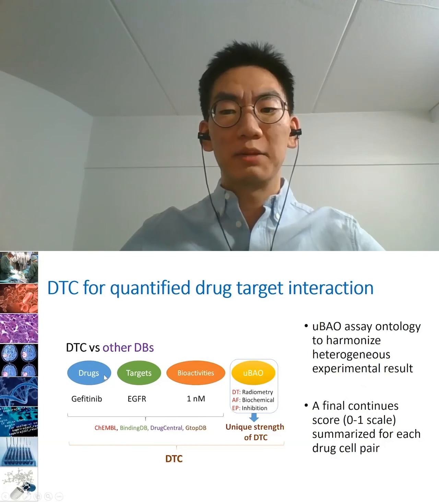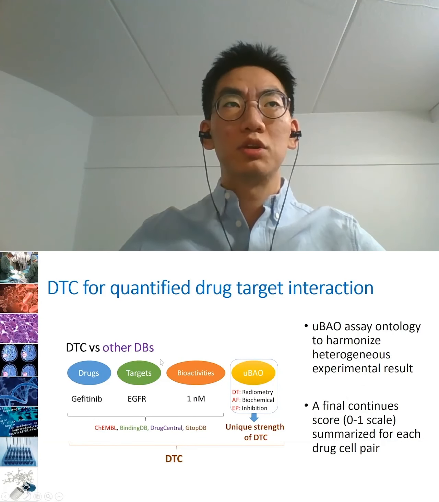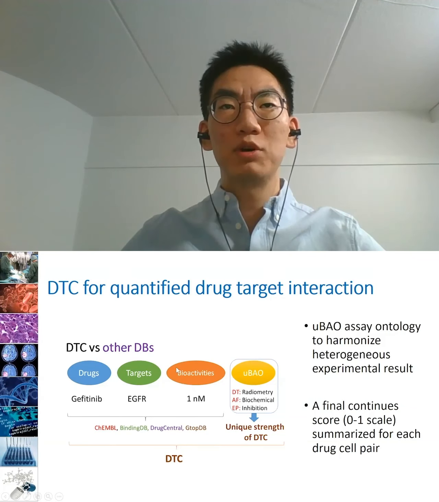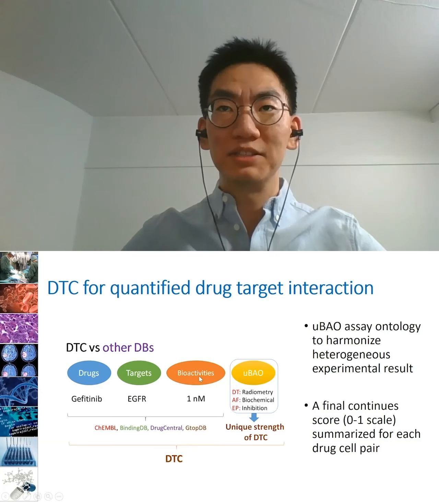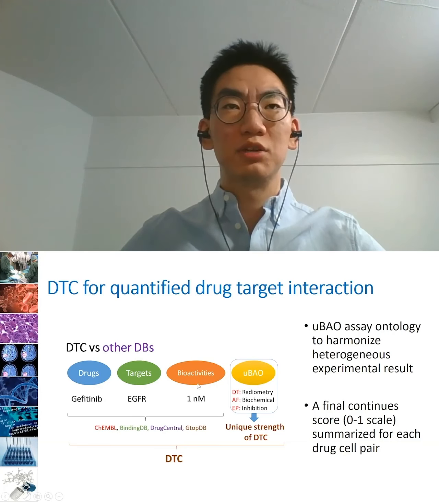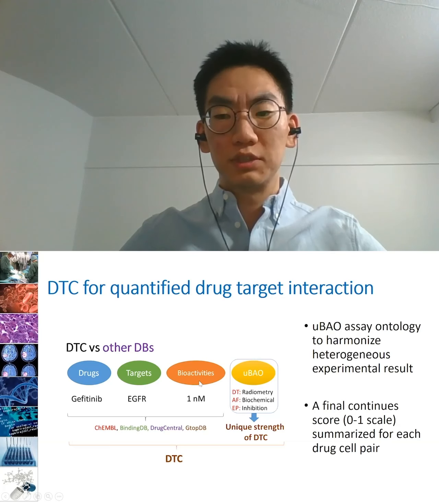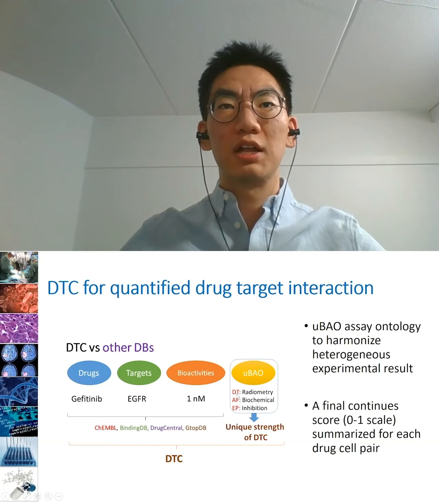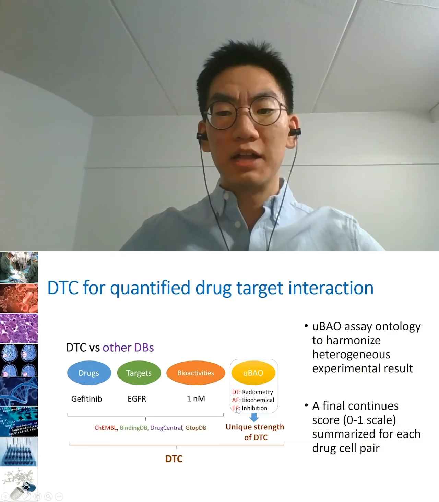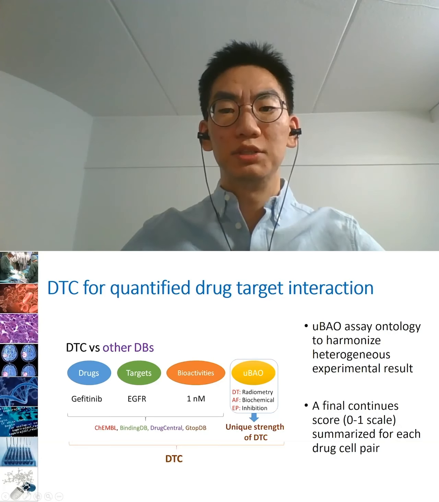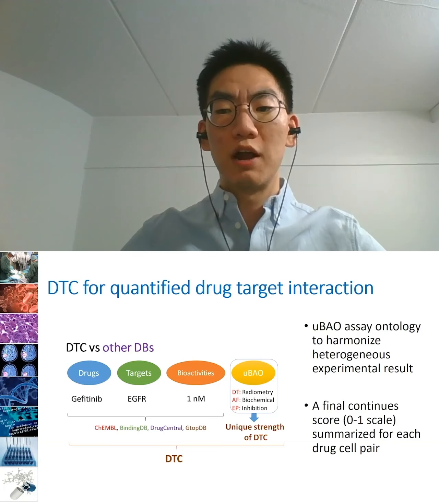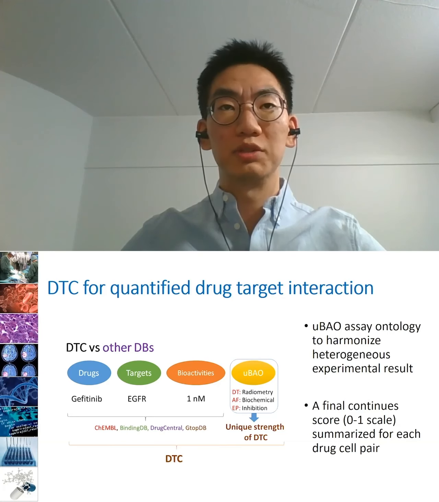For each drug target pairs, the DTC use this microball assay ontology to harmonize the heterogeneous results from different detection technology, assay formats, and endpoint mode of action into one unique score, which is on the 0 to 1 scale. This kind of score fits well to the current project.